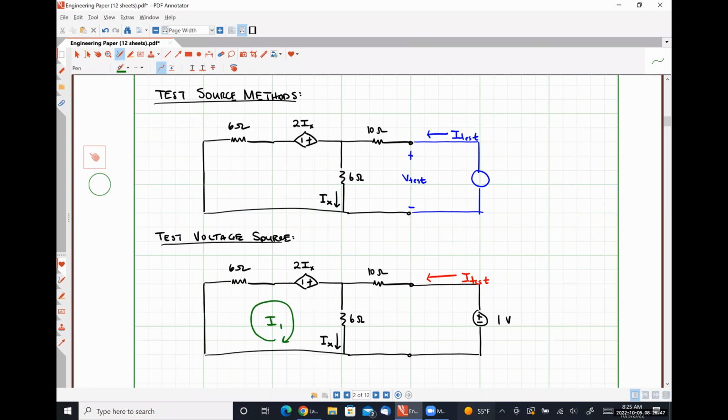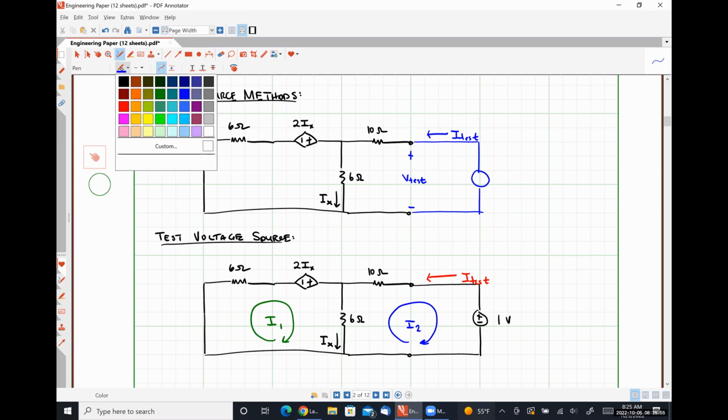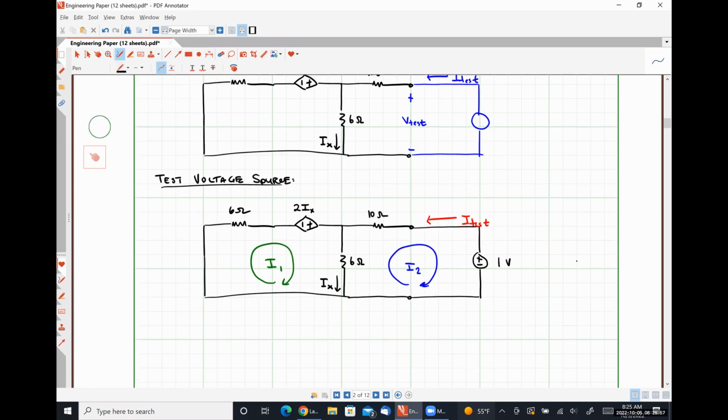Let's call this one I1, and this one I2. IX is going to be I1 minus I2. I didn't screw it up this time. Thank you again for pointing that out, Caden.